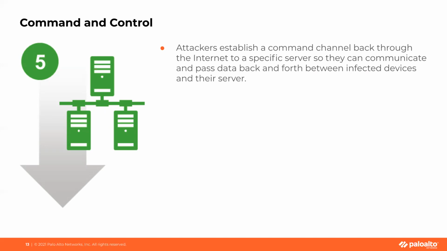So they try to use the type of communication that's most likely to be allowed in the network. So they will usually use web browsing, so port 80 or 443, classic HTTP towards the internet, because most often that's something that's allowed from most networks to the internet. And in some cases, they might even simply use DNS, because DNS is, again, one of those things that are almost guaranteed to go in and out of the network when it comes to replies.